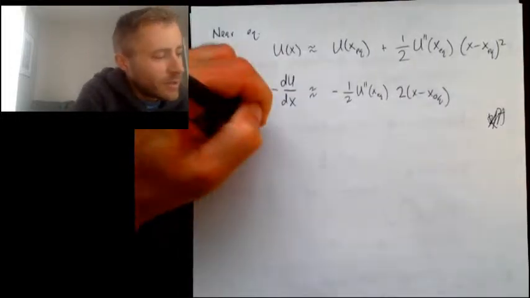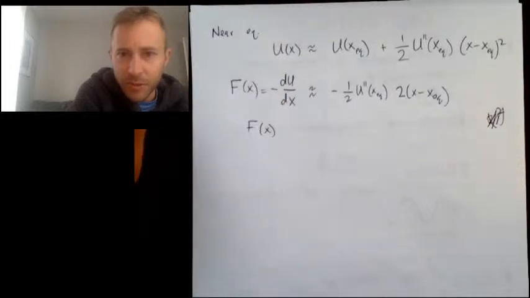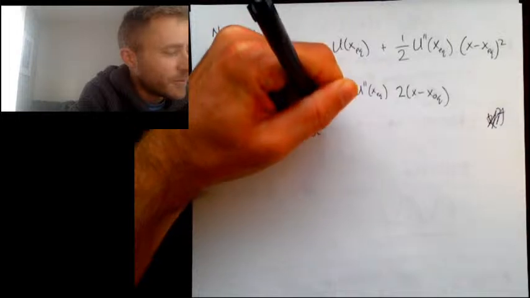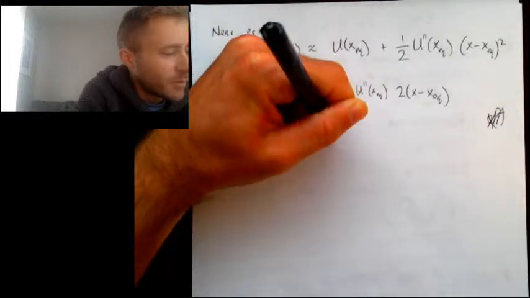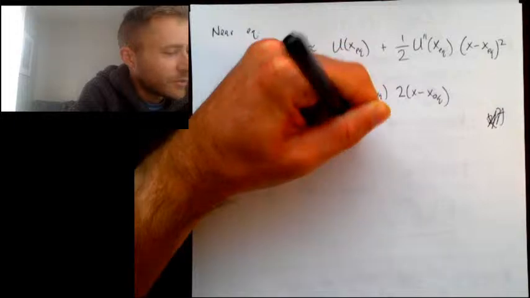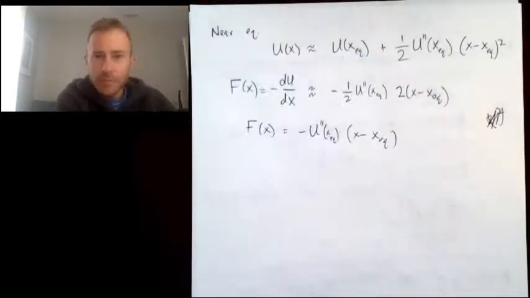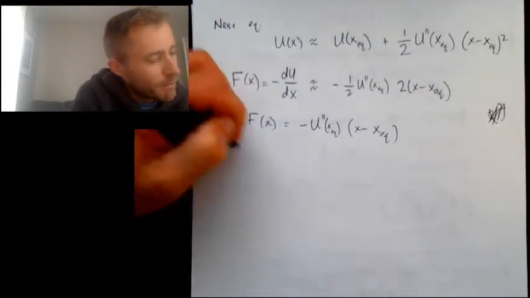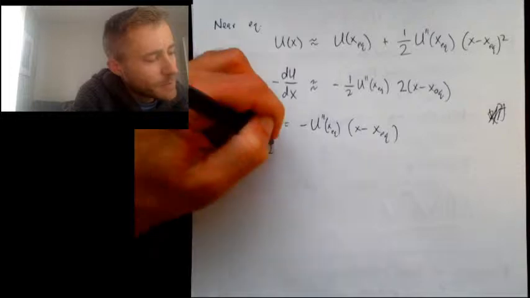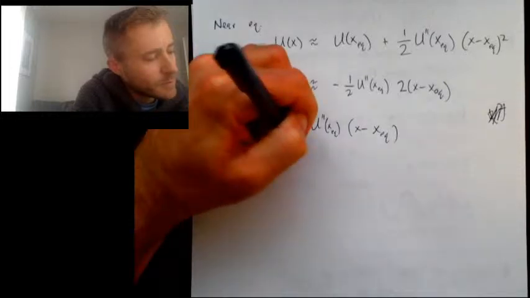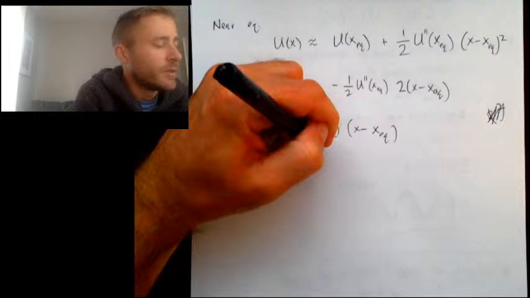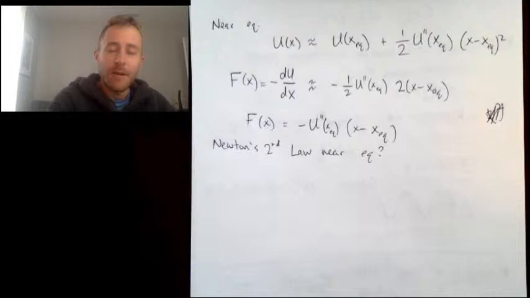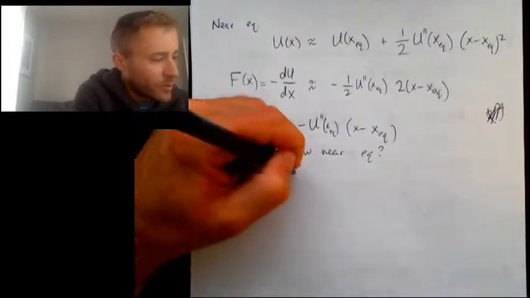So that means that near equilibrium, the force as a function of position, the 2's cancel out, is minus u prime prime evaluated at the equilibrium point times x minus x eq. So what is Newton's second law near the equilibrium point? Well, that's going to be force equals ma.